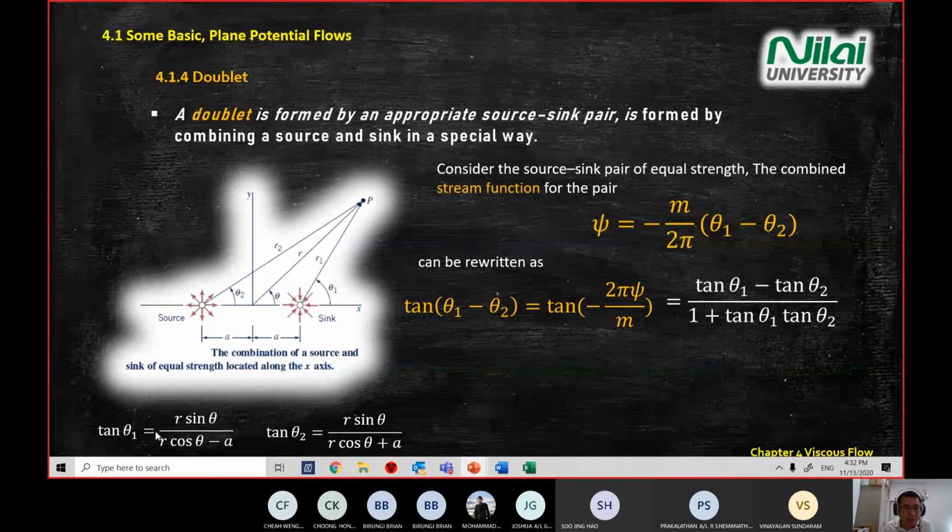For angle number 2, you replace the negative with positive because it's inside the reference distance from the center. So tan theta 2 equals r sine theta divided by r cos theta plus a. The difference between tan theta 1 and tan theta 2 is in the denominator: one is negative a, one is positive a.